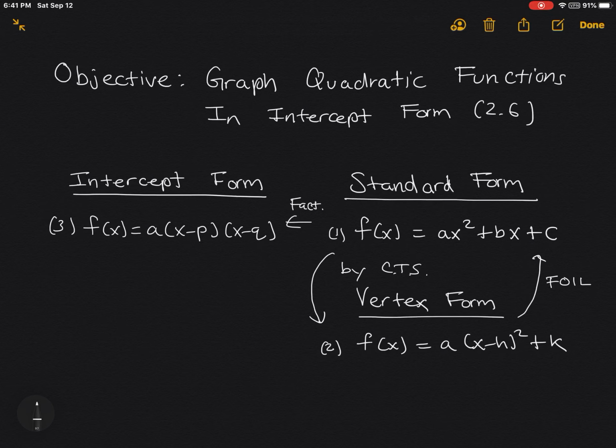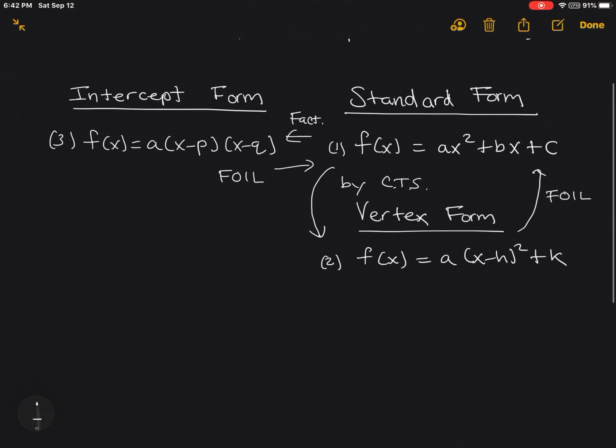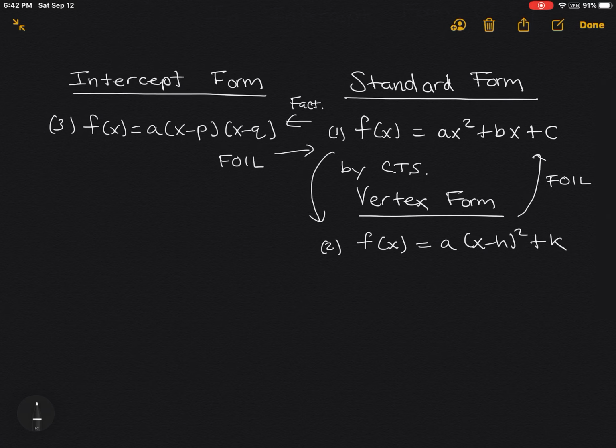And the way you go from standard to intercept is by factoring, okay? And the way you go from intercept to standard is by foiling, okay? So all three forms are related, and you can transform any quadratic equation into any form depending on what you are being asked to do.